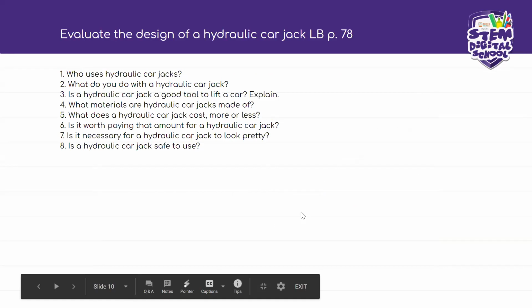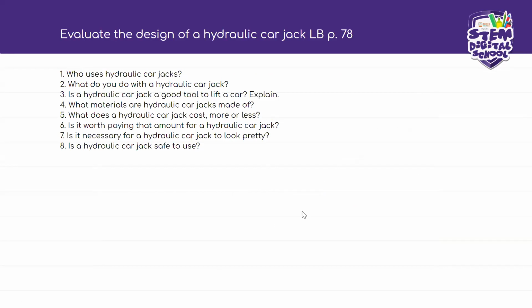What does a hydraulic car jack cost, more or less? Ma'am, I think it costs more, but it is also cost effective because with good maintenance, it can last for years. Okay, you're right. I will allow you to guess here because I know that you haven't bought car jacks.